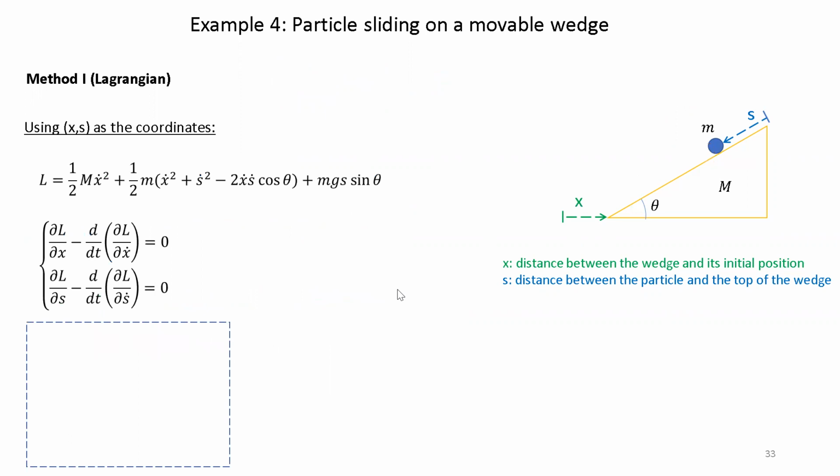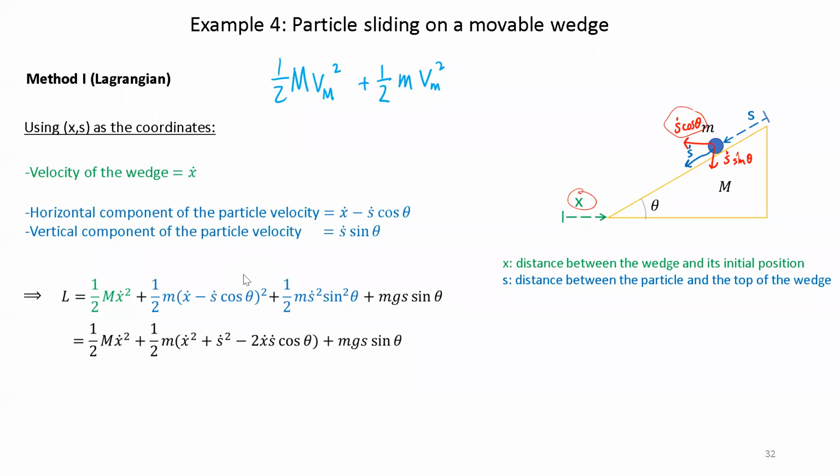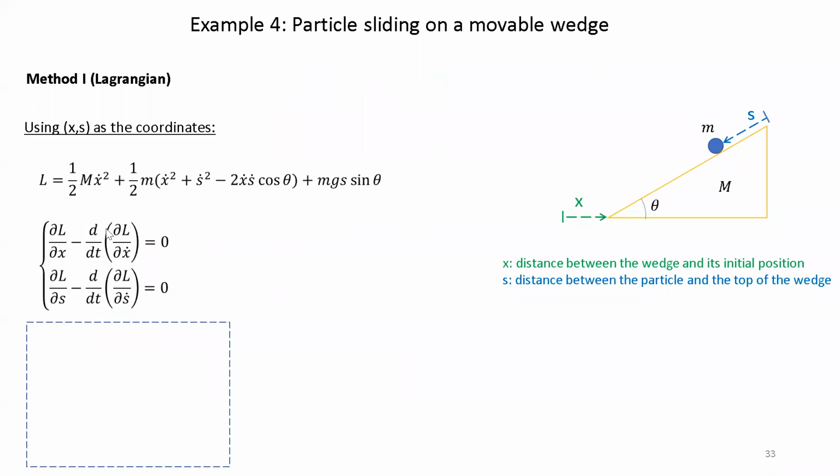Next, of course, is to put the Lagrangian into the Lagrange equation. The nice thing is that after you write down the Lagrangian, you don't need to worry about the vectors, the forces. With the Lagrange equation, you'll be able to get these two equations over here, and you can verify right away that these two are actually the same as the two that we obtained from the Newtonian method.